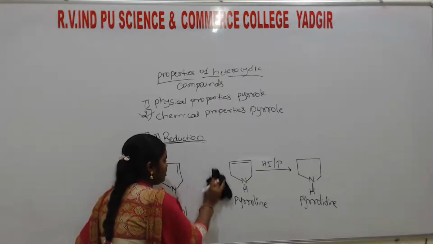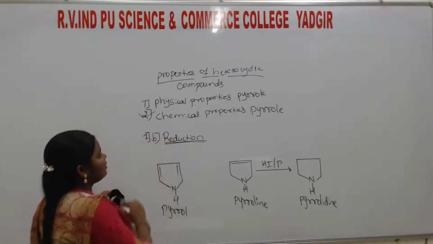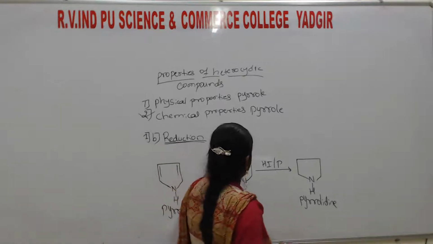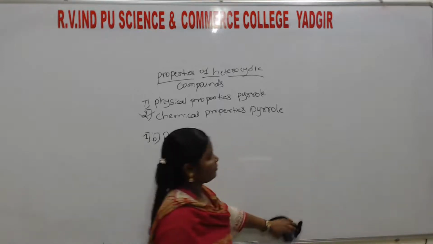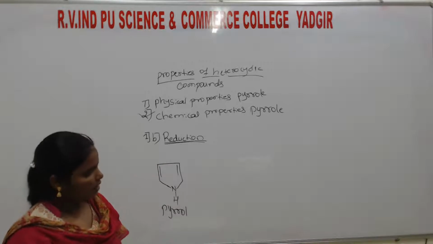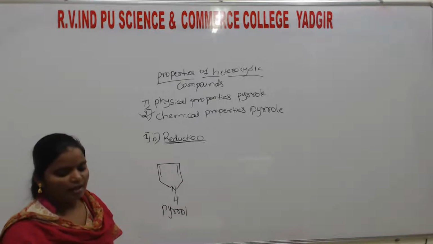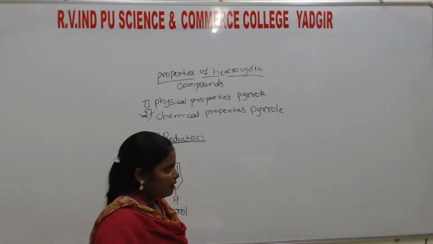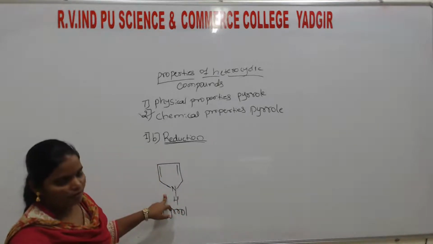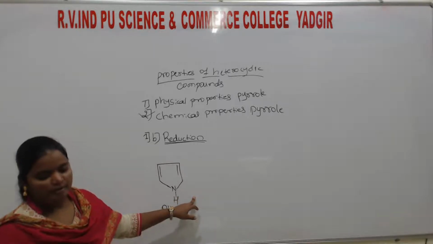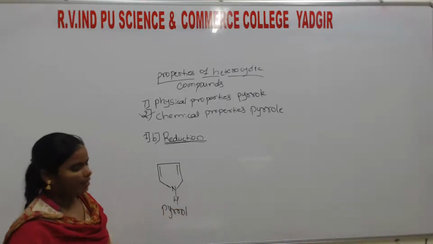I write it here. B. On catalytic reduction of pyrrole in the presence of nickel as a catalyst, heated at 200 degrees Celsius, it gives pyrrolidine.